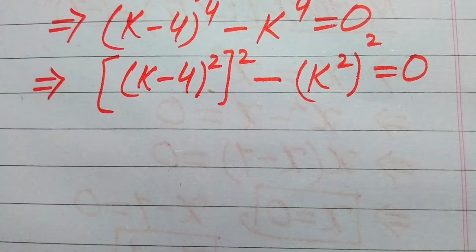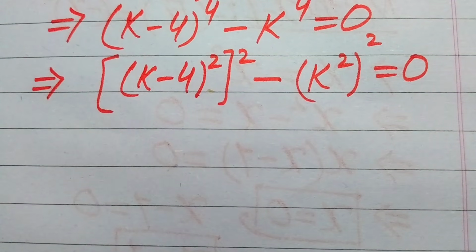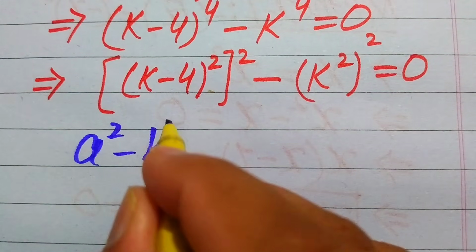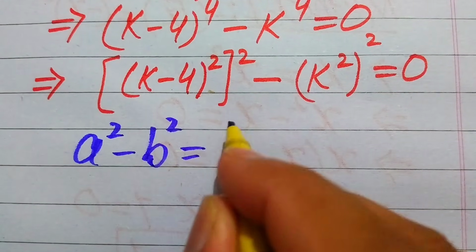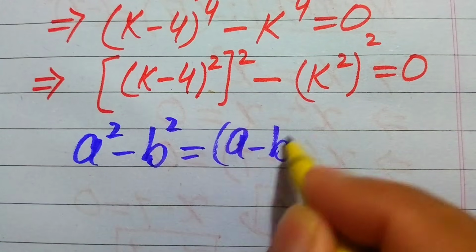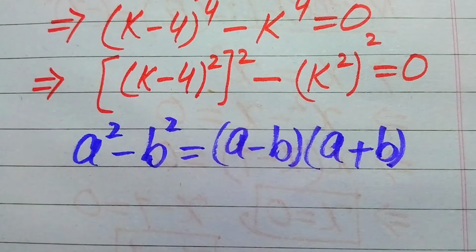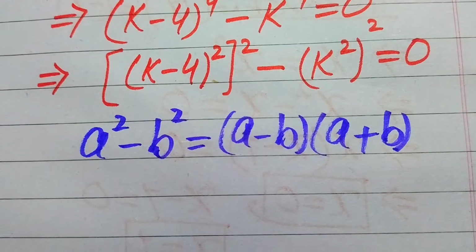Here we use the nice algebraic formula to expand this equation, and you know that a^2 - b^2 = (a - b)(a + b). According to this rule, we expand the above equation in this form.